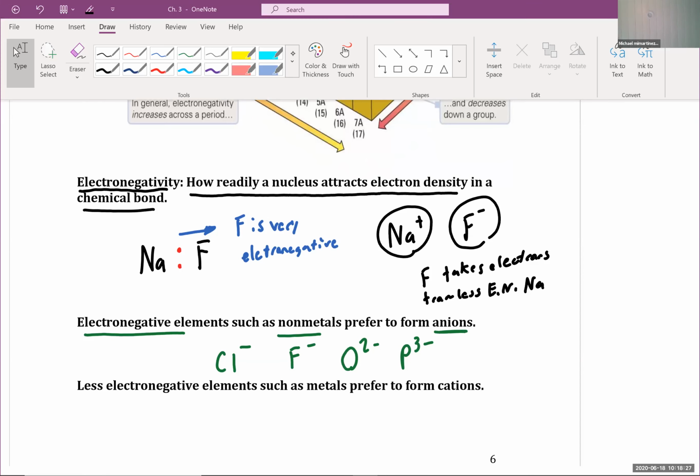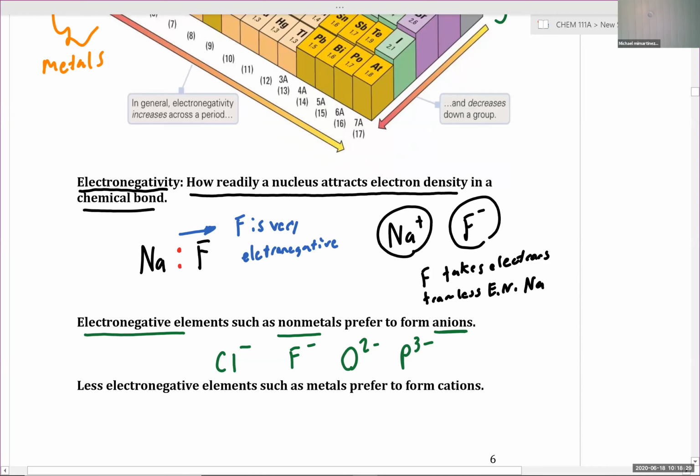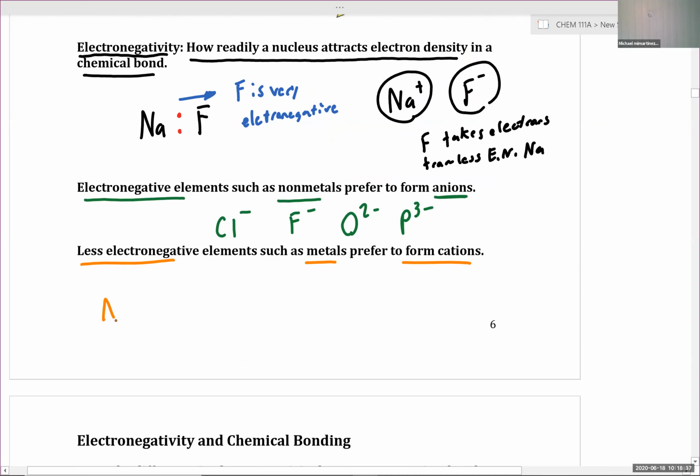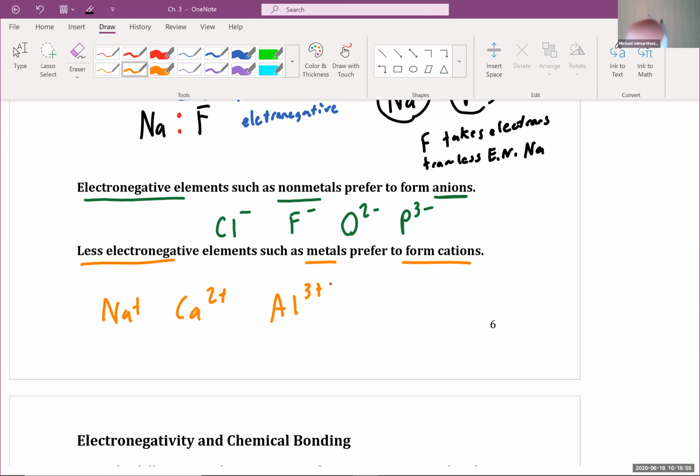So less electronegative elements, such as metals, prefer to form cations. So for example, your sodium goes to sodium plus, calcium goes to calcium 2 plus, aluminum goes to aluminum 3 plus. Okay, so we have sort of a correlation beginning to develop between electronegativity and ion preferences.